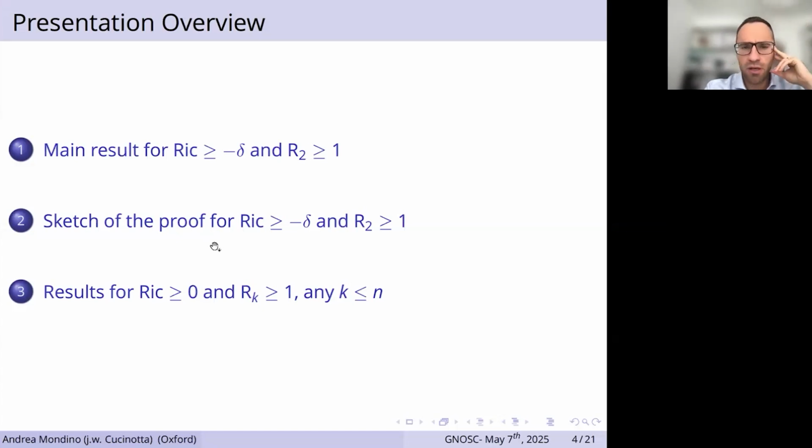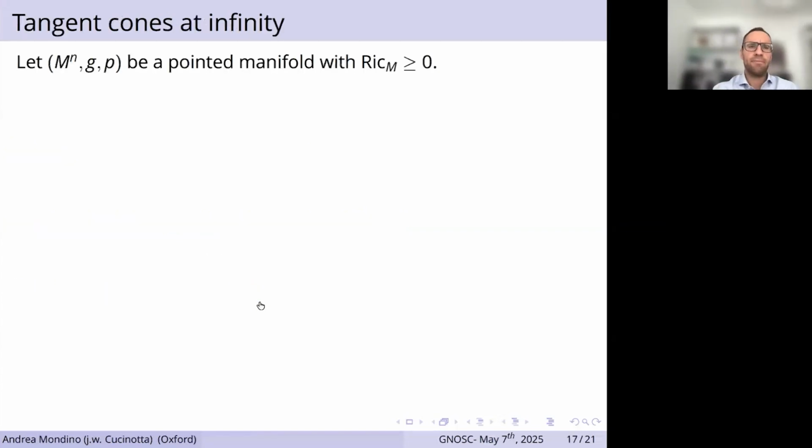I will sketch the proof of this result, and then I will briefly mention the result for larger k, when you have non-negative Ricci and the sum of the smallest k eigenvalues of the Ricci is positive and k is larger than 3. Okay, so let's get started.